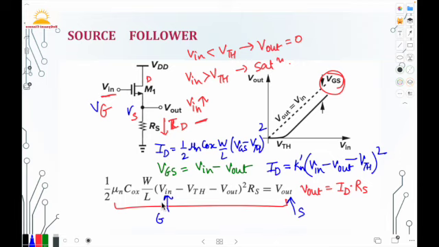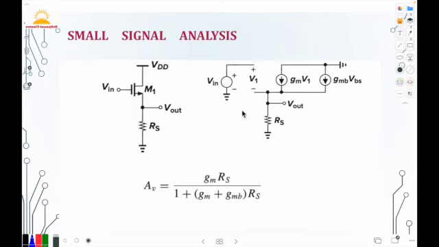Now moving ahead towards the small signal analysis. This is the small signal model of the source follower. Here we have considered the substrate bias effect and its transconductance gmb. So let's write all the equations from the circuit.